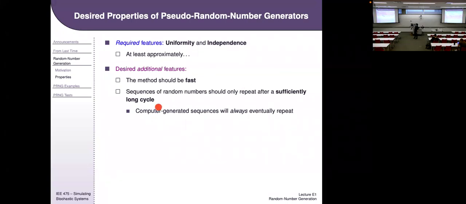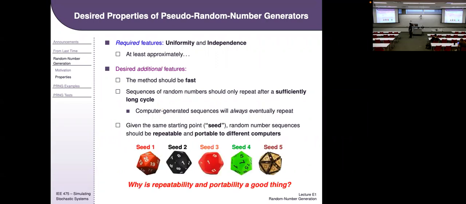We actually know that mathematically generated sequences will always repeat. That's just necessary. And given the same starting point, which we're going to call a seed, they generate the same sequences. So this is the idea that if I have 5 die rolls, and there's a way for me to reset the die and roll it again, I'll get the same sequence of numbers out.